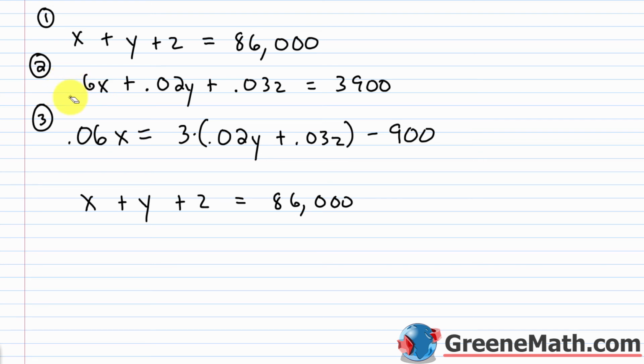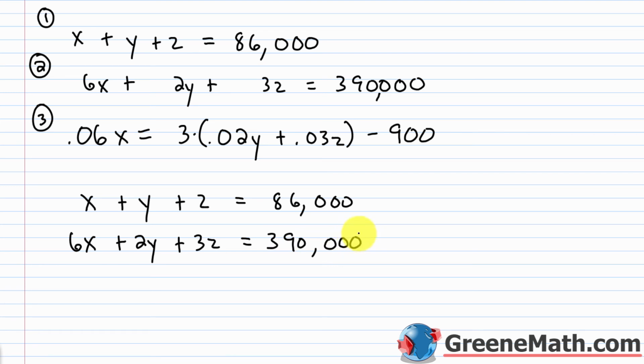So this would be 6x plus 2y plus 3z equals, in this case 2 zeros at the end, so 390,000. So we would have 6x plus 2y plus 3z equals 390,000.